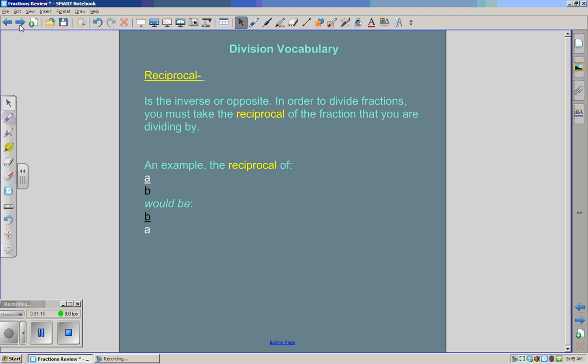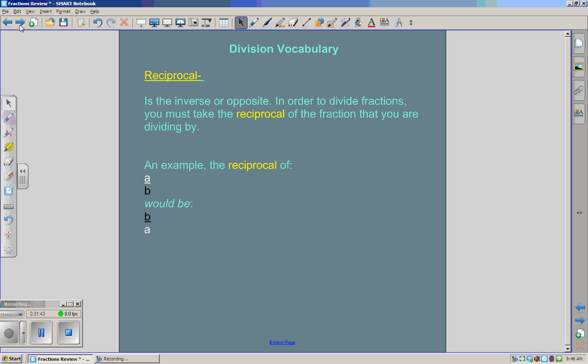Okay, so now we're into the division. You cannot divide fractions. Let me say that again. You cannot divide fractions. Instead, what we do is called multiply by the reciprocal. So up here is my division vocabulary. All you need to know is the word reciprocal.